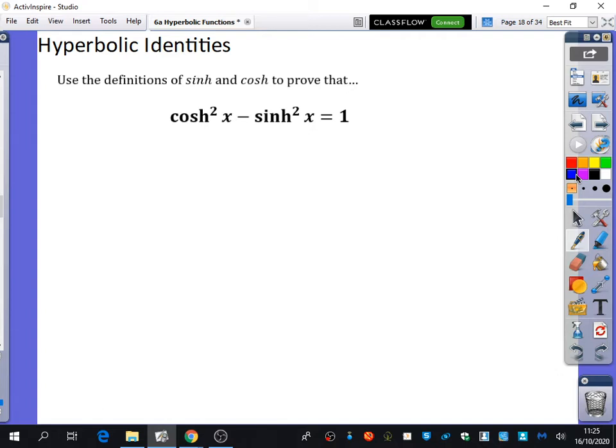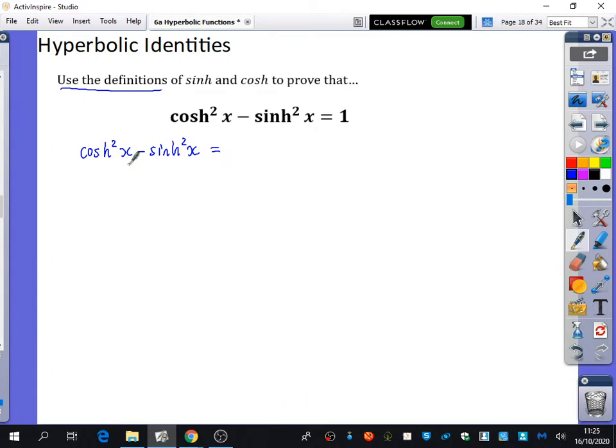And we're going to prove this by using the definitions of sinh and cosh. When I say use the definitions, I mean use their exponential definitions to try and do this as a proof. So I'm going to actually work out what cosh squared x minus sinh squared x is. I'm going to keep working that out as I go down the page, and I'm hoping it's going to end up with 1.